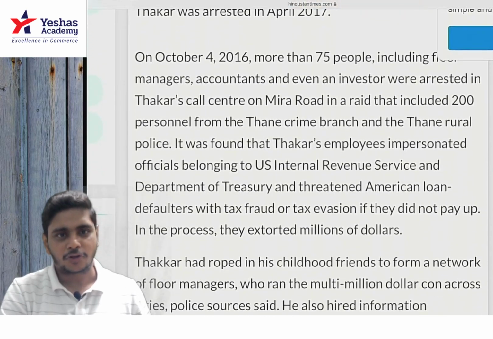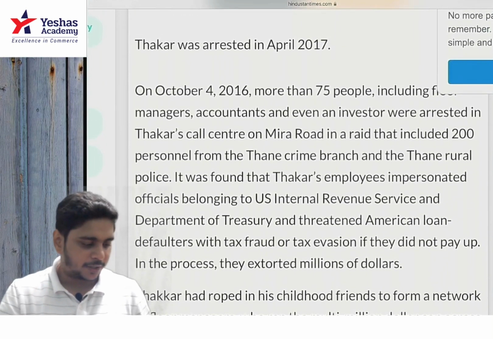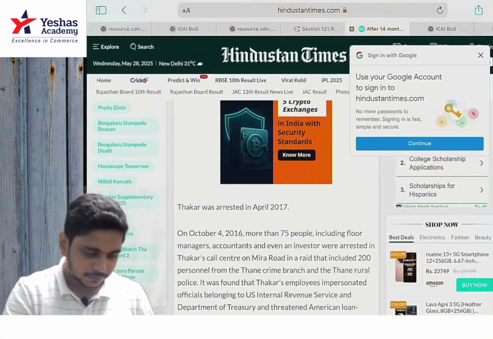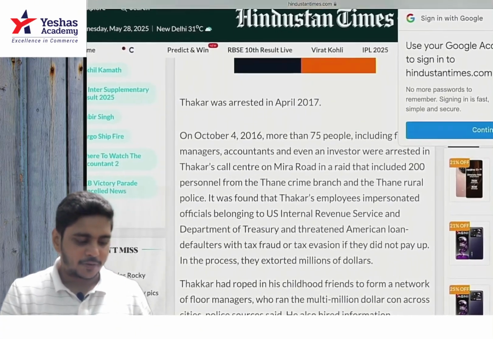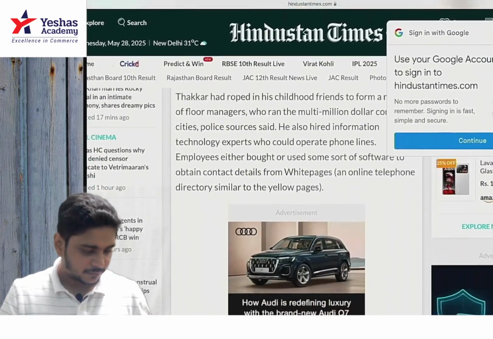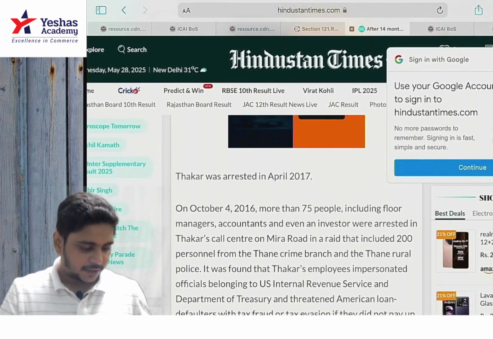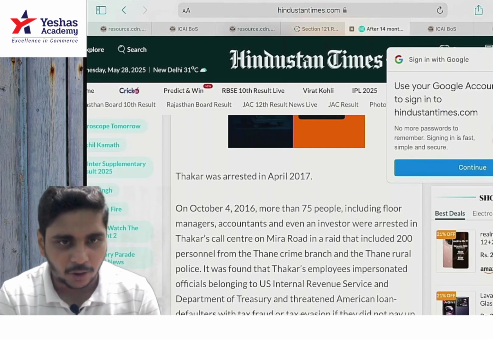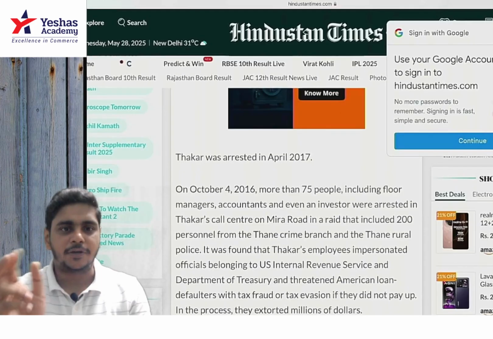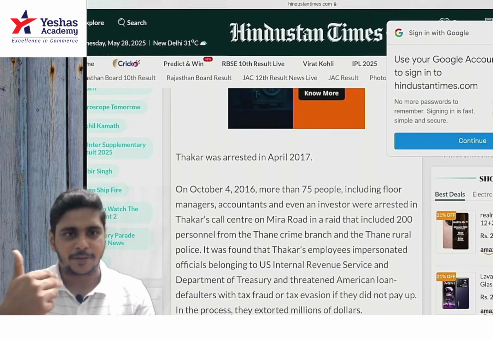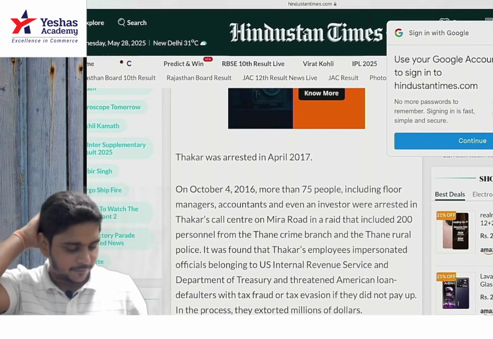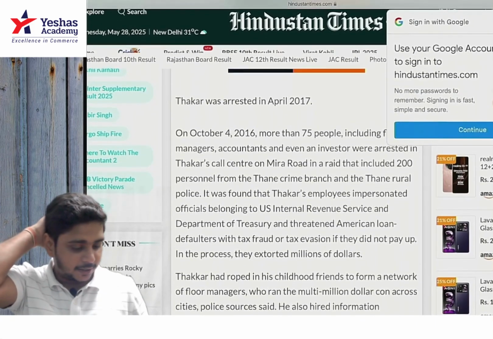Okay, on October 4, more than 75 people, including floor managers, accountants, even investors, were arrested in Thakkar's call center on Mira Road in a raid that included 200 personnel from Thane crime. I don't know, 200, 300 people went to arrest them in Thane and the Thane Rural Police.